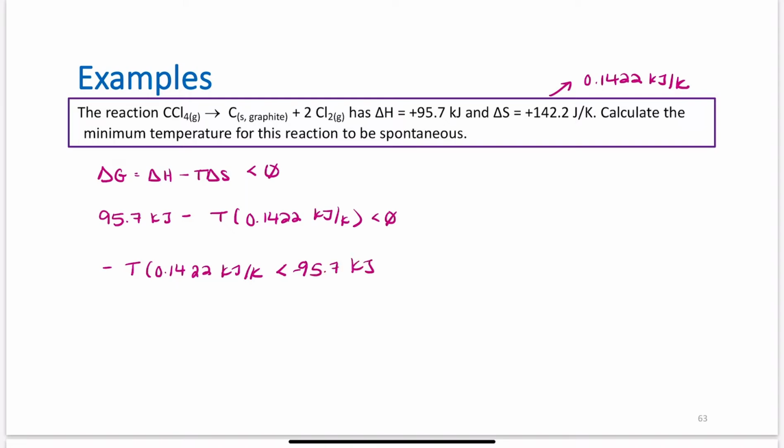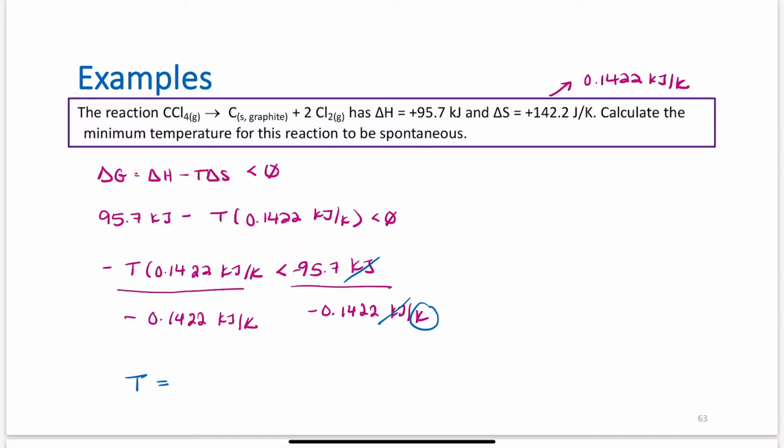I'm trying to isolate that T. Divide through by negative 0.1422 kilojoules per K. Cancels out my kilojoules. This Kelvin is in the denominator, so it's now a numerator. I get temperature here. The math here will be 673 K.